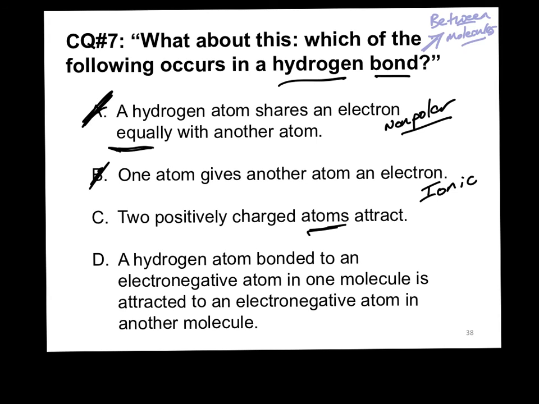Between molecules. And the second thing is two positively charged atoms attract. What? No. A hydrogen atom bonded to an electronegative atom in one molecule is attracted to an electronegative atom in another molecule. That's the answer.